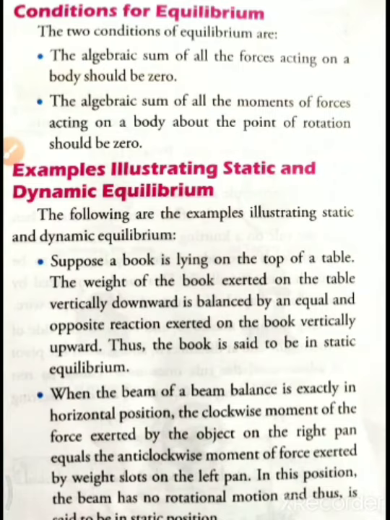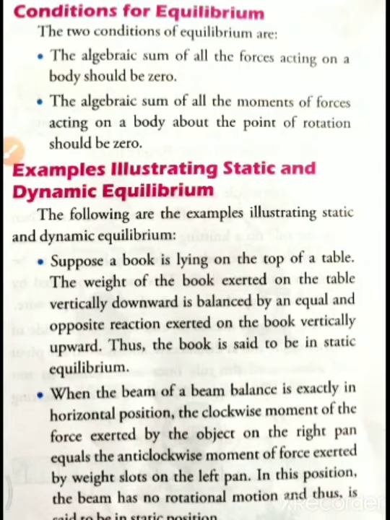This is the first condition. Second condition, the algebraic sum of all the moments of forces acting on a body about the point of rotation should also be 0. If all the forces acting on that object cancel one another, or the overall sum is 0, then only it is possible, otherwise it is not.